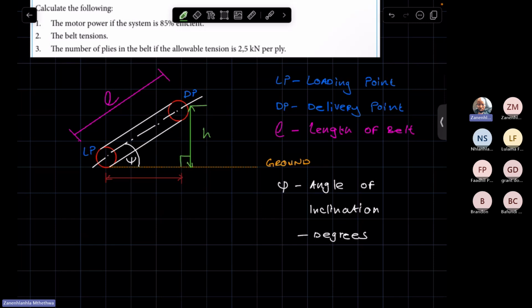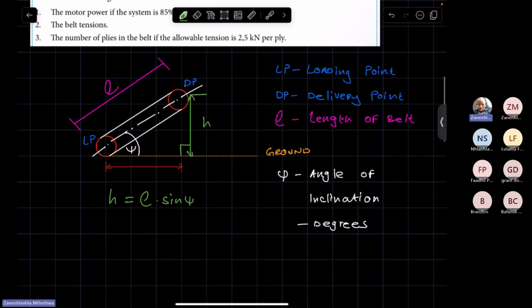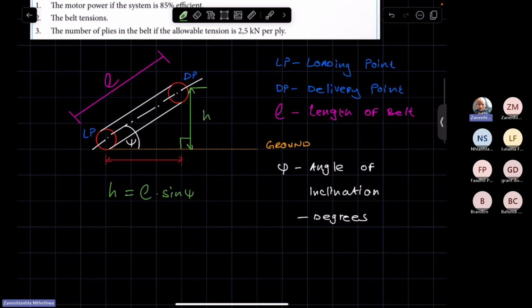So to get H, if you've been given L and the angle of inclination, H is equal to L sine of the angle of inclination. Let's just call this the horizontal distance.